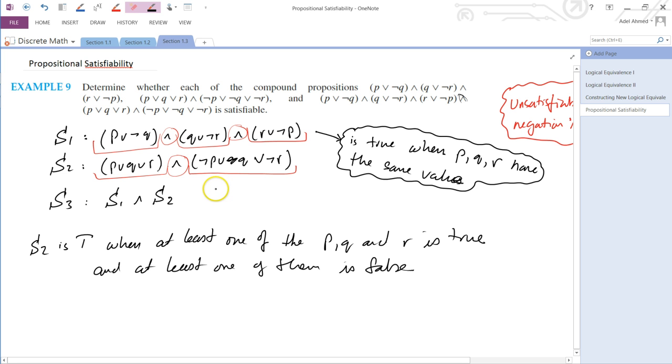So now we know that because of this, S1 is satisfiable, and with this we can say that S2 is also satisfiable.